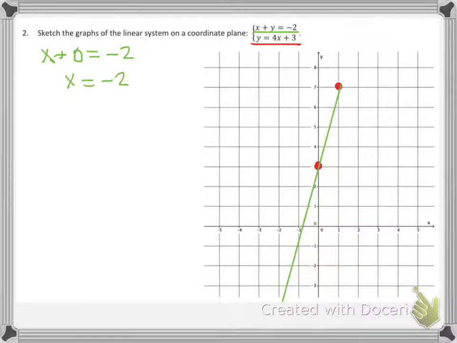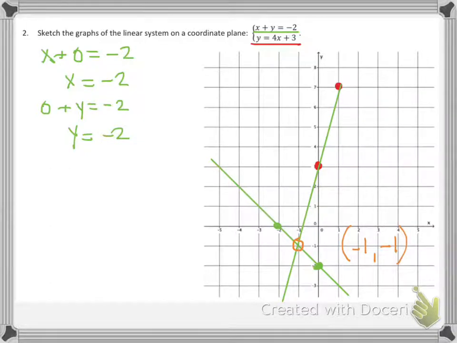So it's going to cross the x-axis at negative 2. And then I'll make my x a 0 to find the y-intercept. And so we get y equals negative 2. So this line crosses at negative 2. And if we draw a line through those 2 points, we can see our intersection, which is right here. And that's the point (-1, -1). That should be the solution to this system.